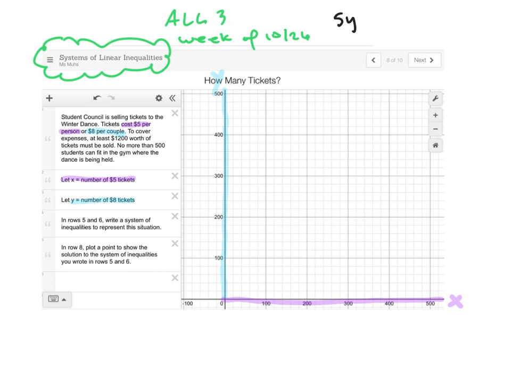So maybe I'll write that up here. That's probably a good idea. System of two inequalities. So the equations that we wrote in class were in the form ax plus by is something like less than, greater than, equal to c, doesn't matter.